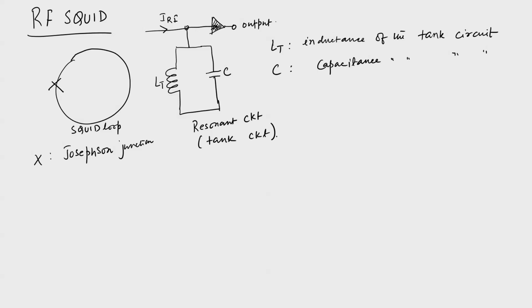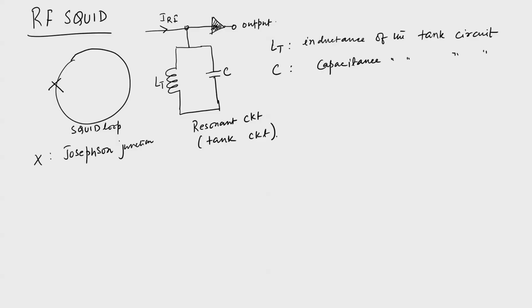So, the tank circuit is driven by the RF current, while the SQUID loop, which is drawn here at the left, is inductively coupled to the inductance LT of the tank circuit. The resulting RF voltage that we pick up from this point shows an oscillation with the input current, or the flux, in a sawtooth manner.